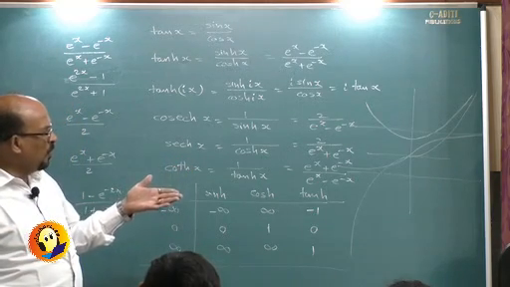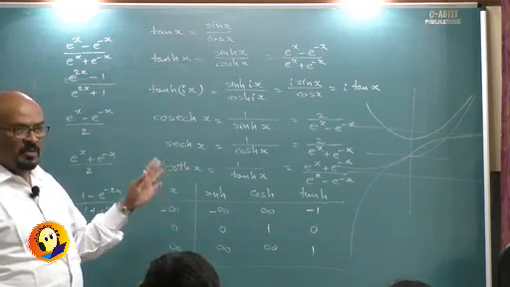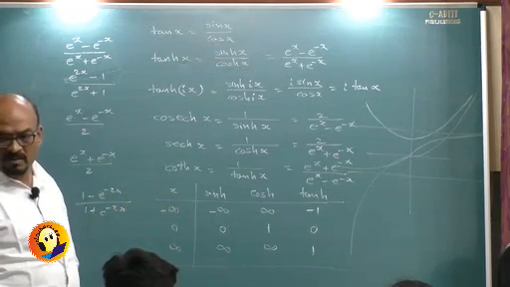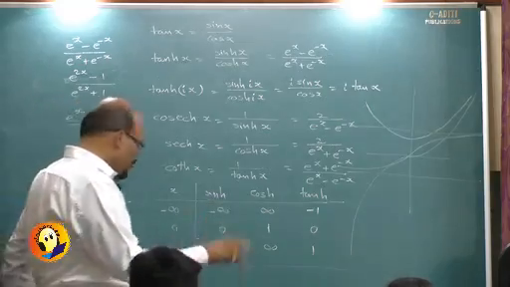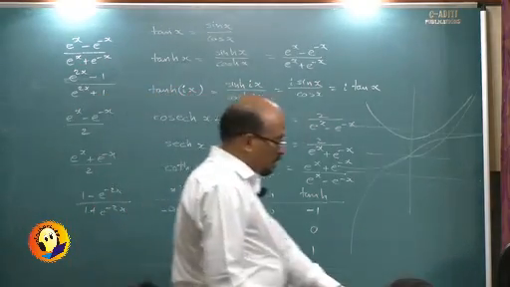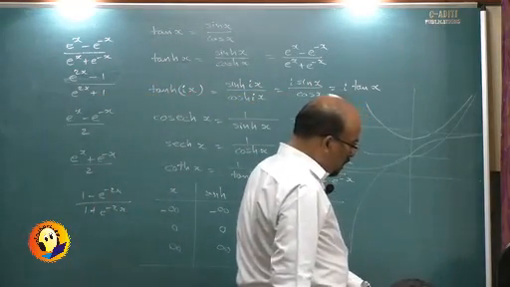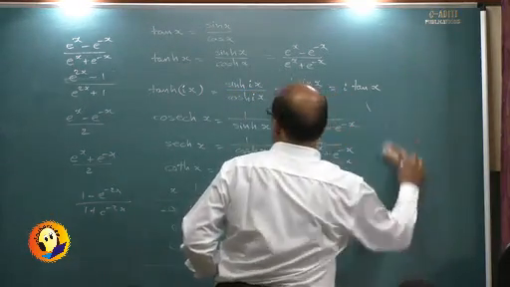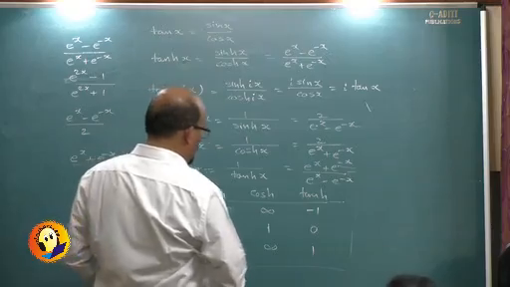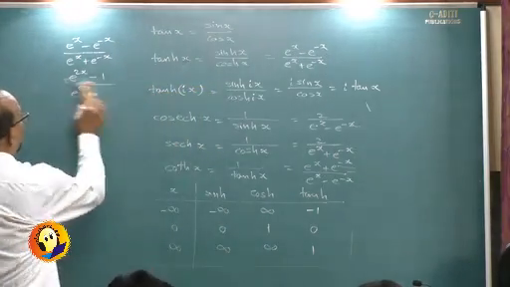This could be useful for your online exam: the shape of the curve for sinh, cosh and tanh. I will draw them separately for you, so it will be useful. Otherwise, make a note of this table.